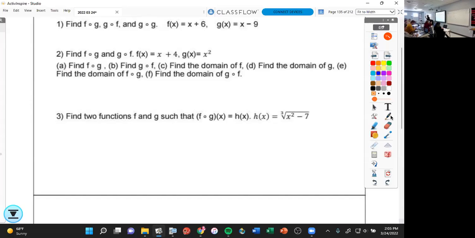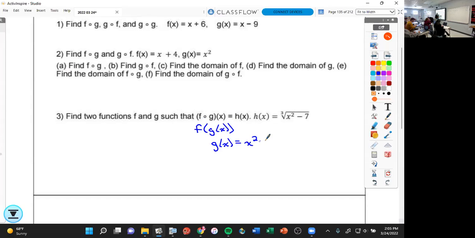What function do you see on the inside? So here, what this says right here is f of g of x, right? So what's on the inside? g of x equals x squared minus 7.